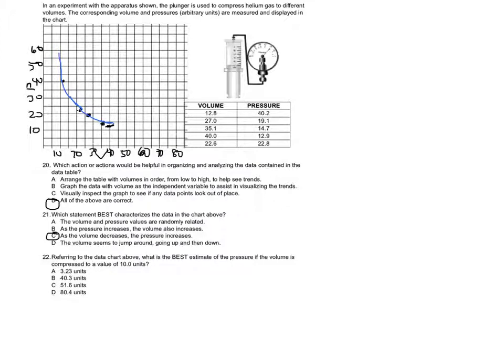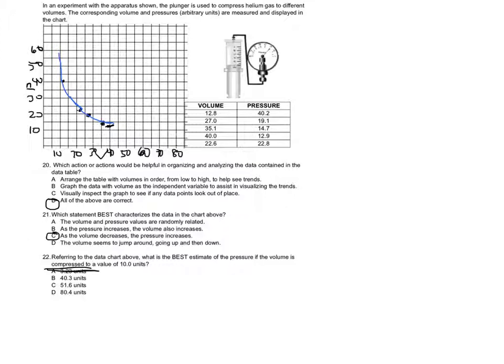But if we look at 10, we can see that, if we're getting rid of wrong answer choices, it's obviously not going to be A, the 3.23, because pressure increases as the volume decreases.